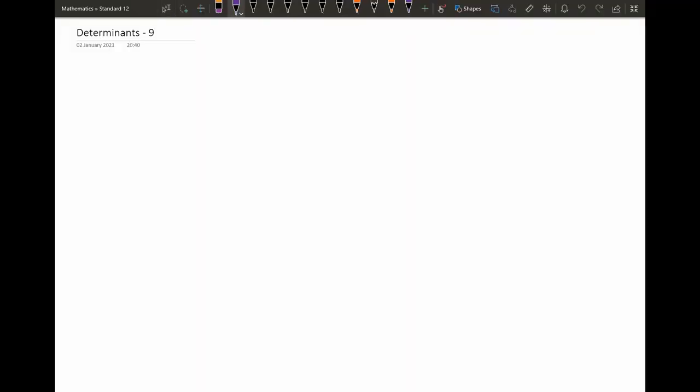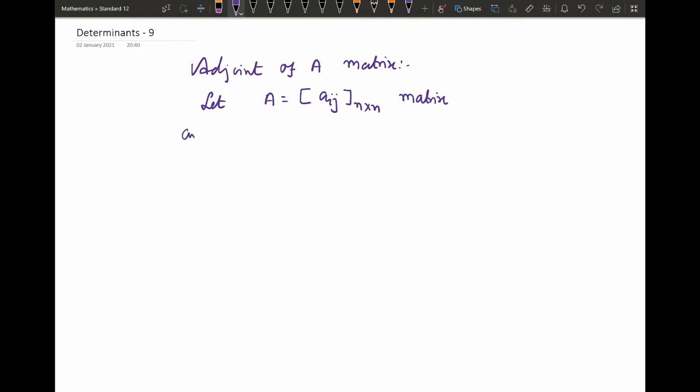So first we define adjoint of a matrix. Let A equal to [eij] be any n by n matrix, and we know capital Eij be the cofactors of small eij.